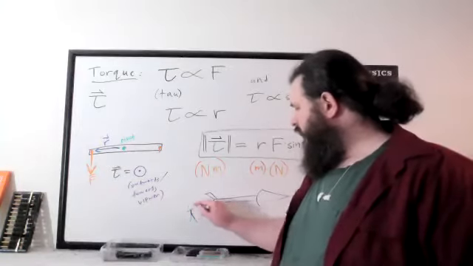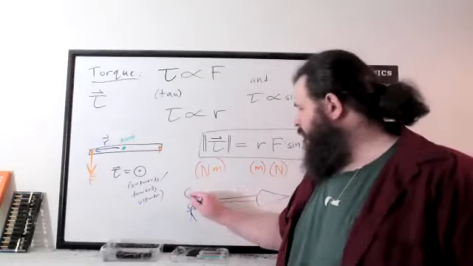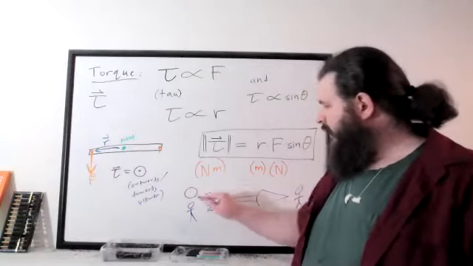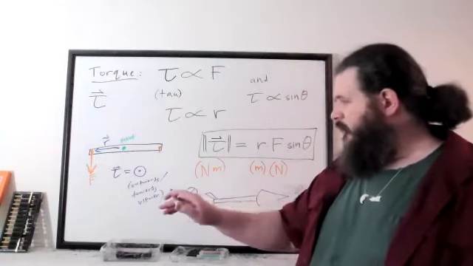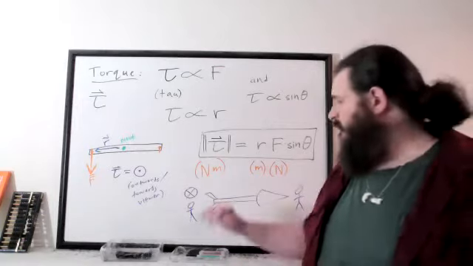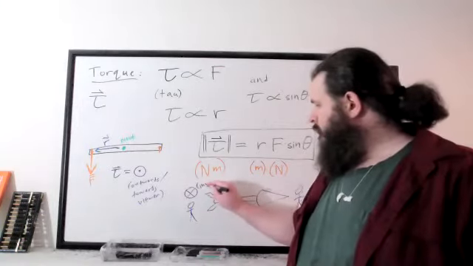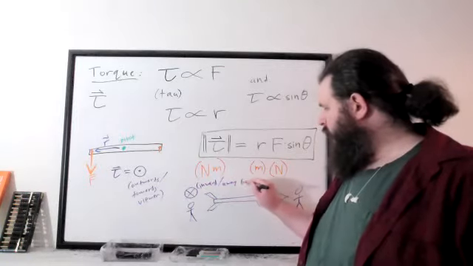Or alternatively, if you're standing over here, what you're going to see is the back of the arrowhead, and you'll see the fletching, the arrows at the back. So this represents a vector pointing inwards, into the page, into the board, into the screen, away from the viewer. Inward or away from the viewer.